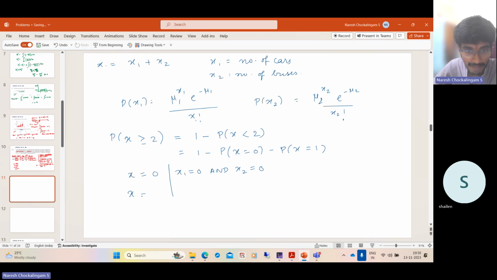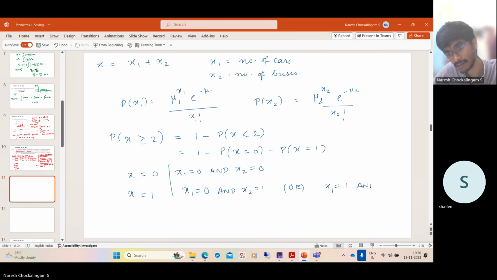What are the possibilities for x equal to 1? You can have either x1 equal to 1 and x2 equal to 0, or x1 equal to 0 and x2 equal to 1.